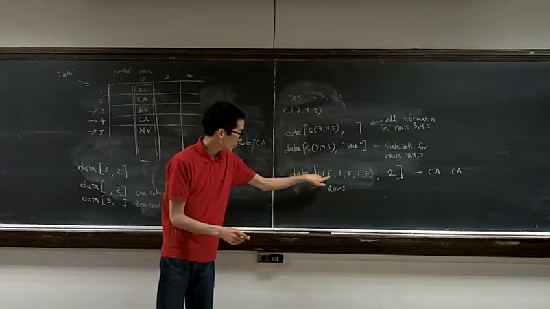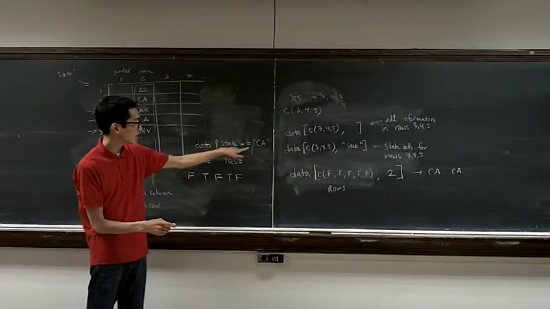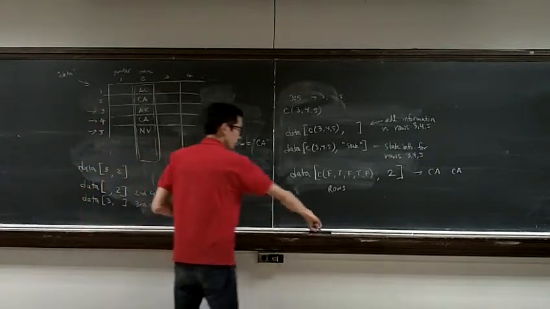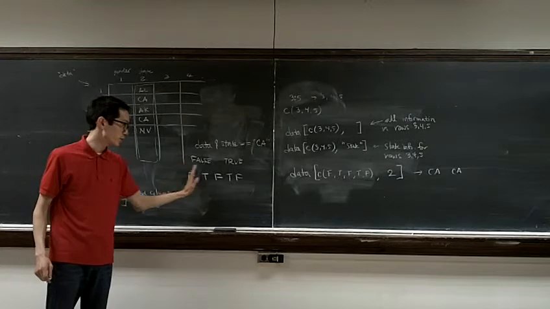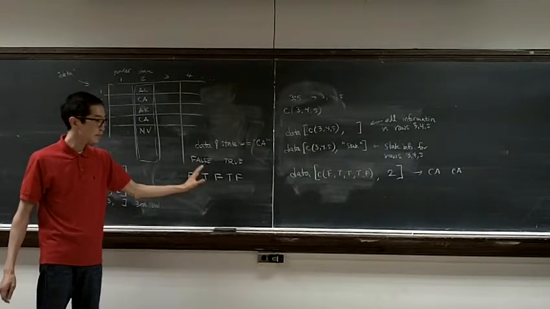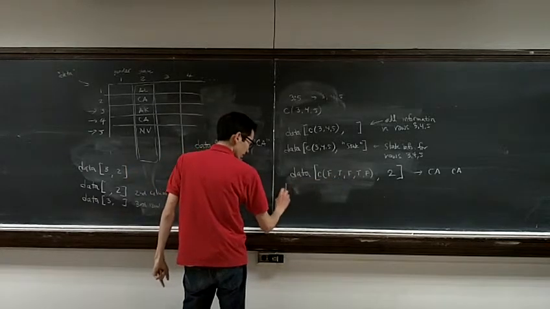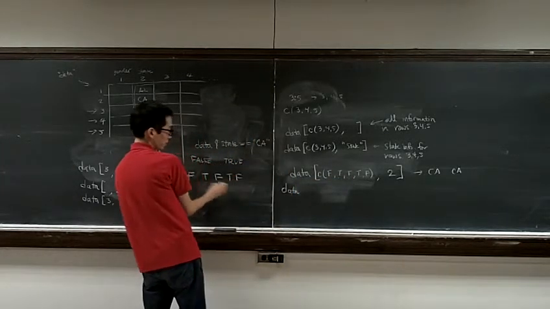But how did I get this to begin with? I just did data$state equals CA. Just imagine I had 5,000 rows, so I would have a sequence of 5,000 trues and falses here. So instead of this, I could just plug in this, because this represents this.